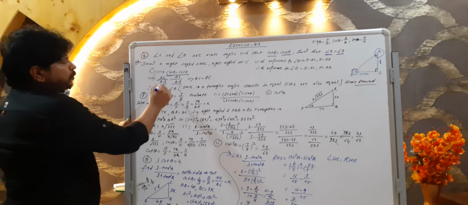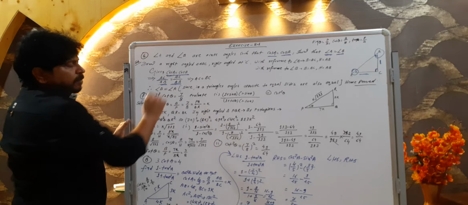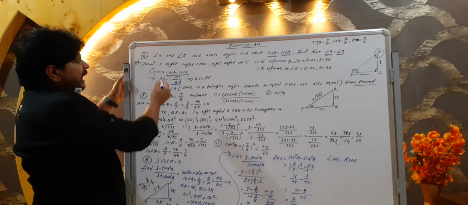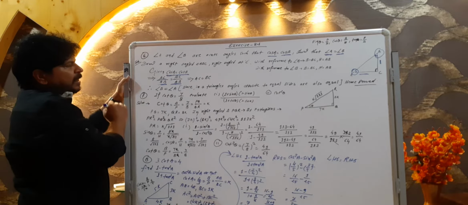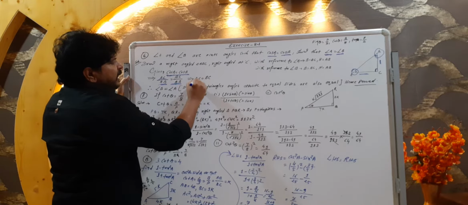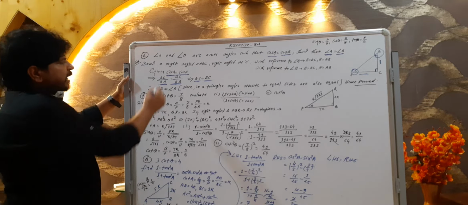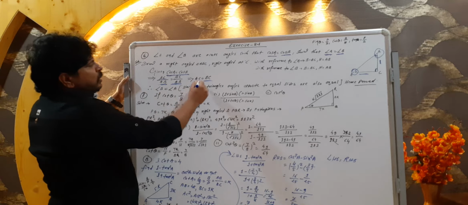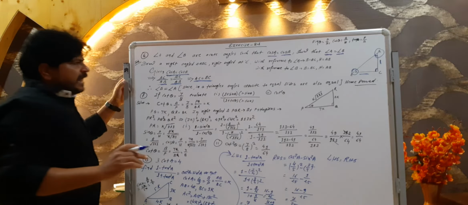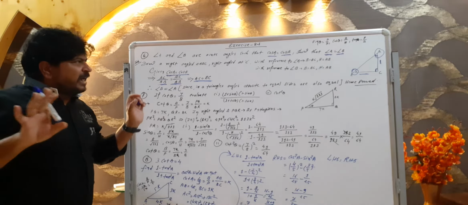In both cases, the hypotenuse is the same. Then AC upon AB is equal to BC upon AB. We can write AC is equal to BC, as AB will cancel. Understand?